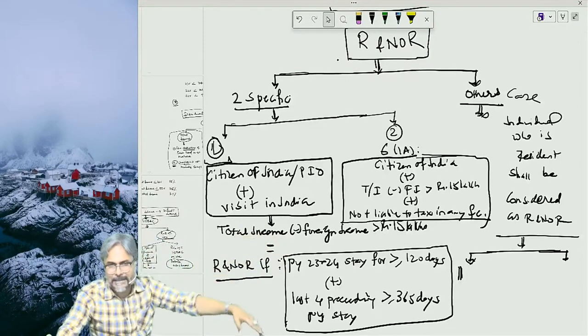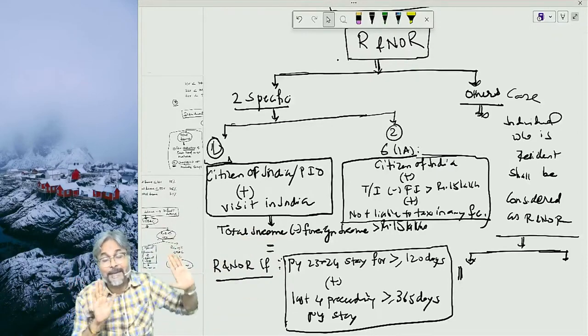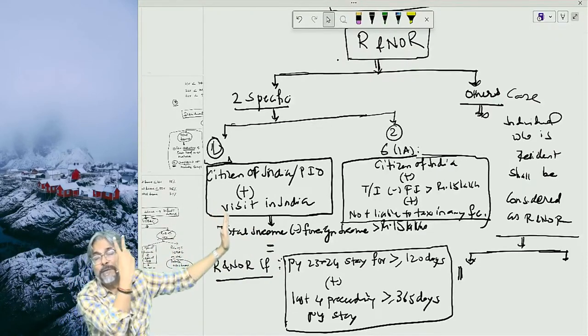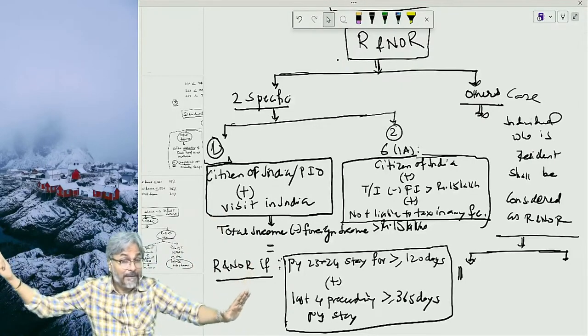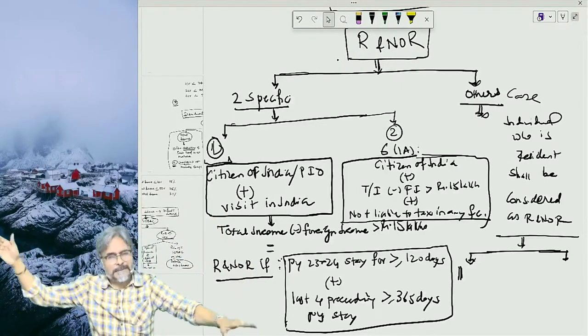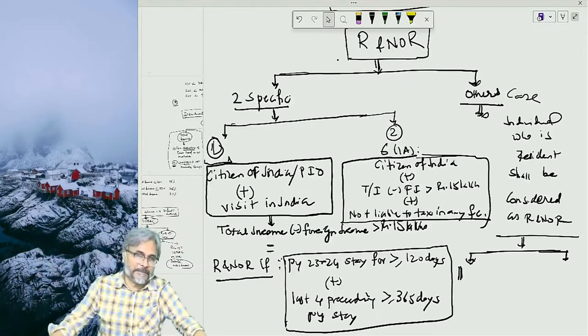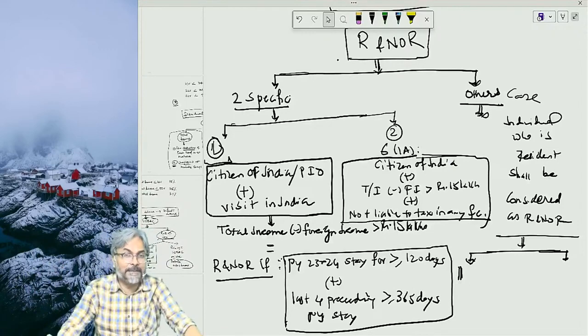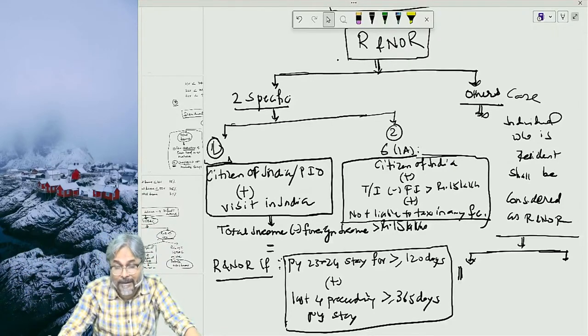So, two additional tests. The two additional tests are: minimum resident in the last 10 preceding previous years should be 2 years, and the second one is minimum 730 days of stay in India in the last 7 preceding previous years. Both the additional tests should be satisfied, then you are R and OR.